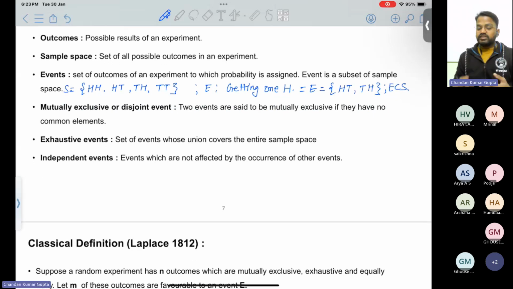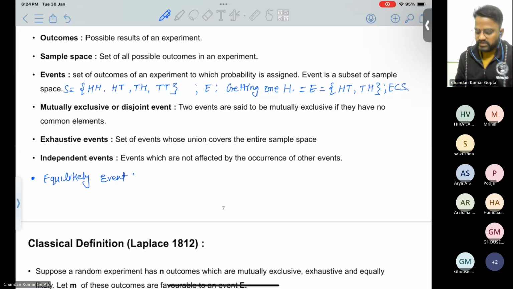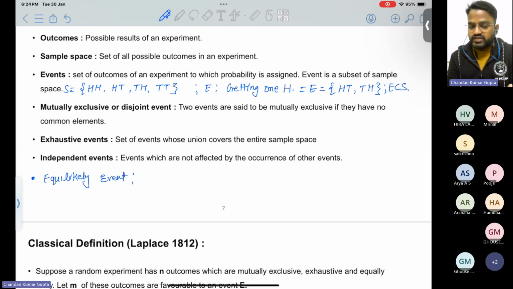Now there are different kinds of events actually. Equally likely events: those events that have the same chance or same probability are known as equally likely events.